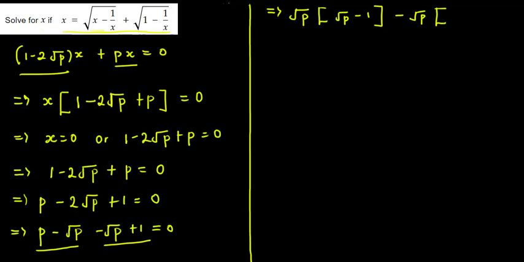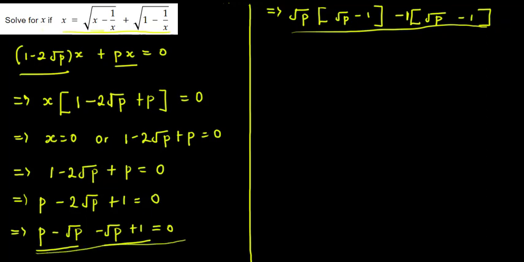okay, we can just factor out a minus 1 from this. So we're going to put it like this: minus 1 into root p minus 1. Now expanding this will still give you this.